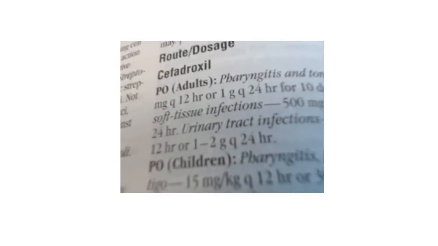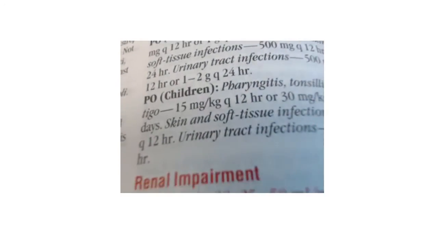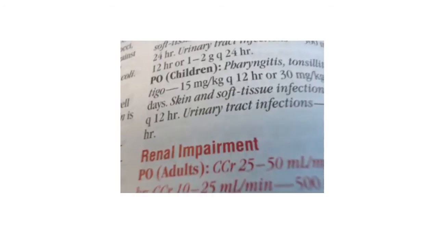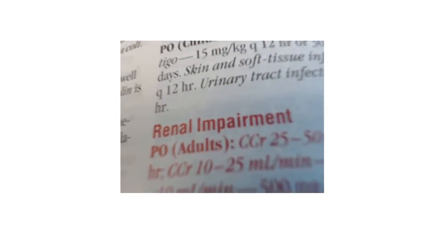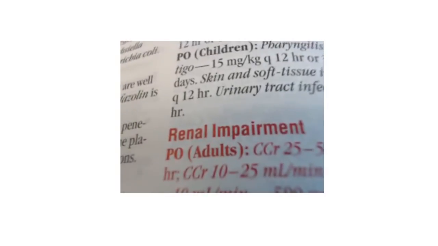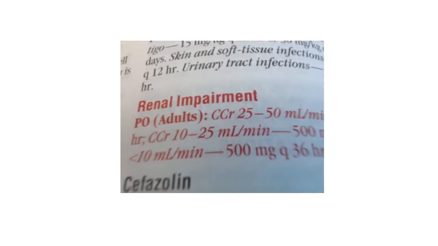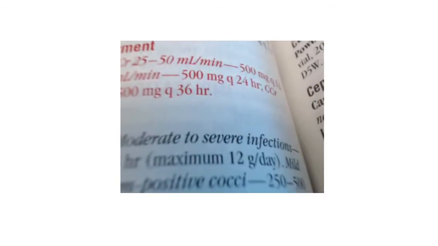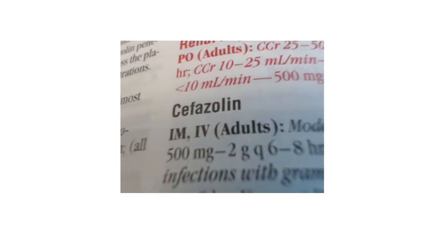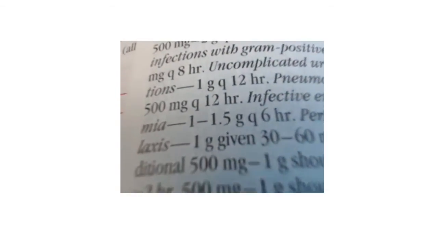It can be given to children, and it gives the dosing for them. And then it says, it repetitively has said, right, that it can cause renal impairment. So that's something that we really, really need to pay attention to. It can also be given IM or IV. Often for more moderate to severe infections, it's given IV.